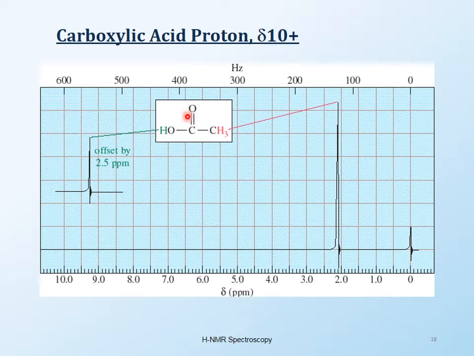Instead of coming at around 0.9, which is where the methyl groups should come, because of oxygen, it comes around 2 ppm. And then this proton, which is the carboxylic acid proton, not the alcohol, will come at around 11 ppm. Okay, the scale here goes from 0 to 10. In some cases, depending on your instrument, it can even go up to 12. Anyhow, that's what the spectrum would look like.